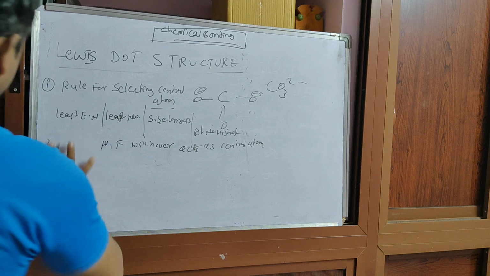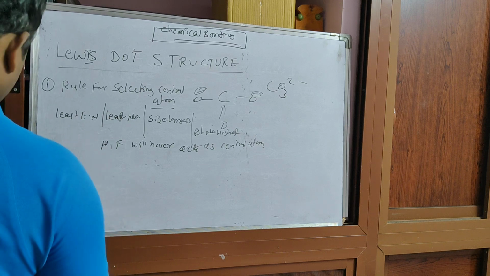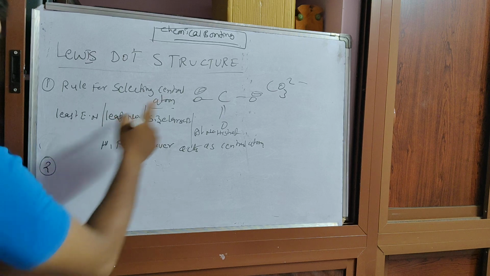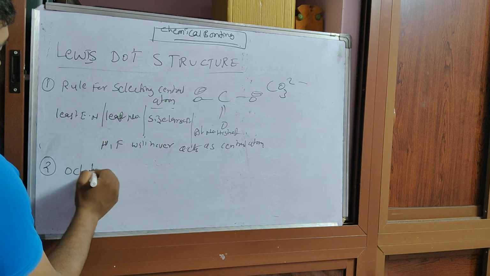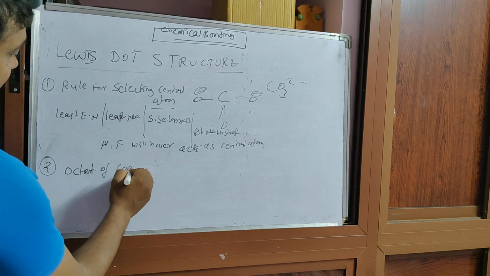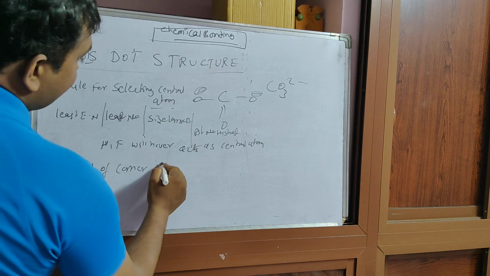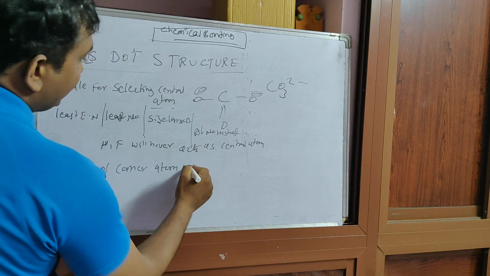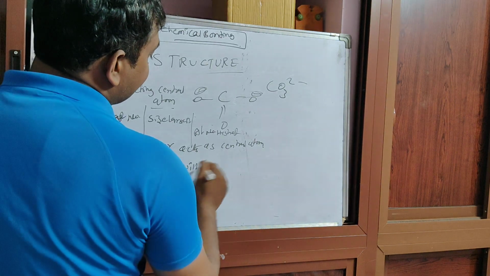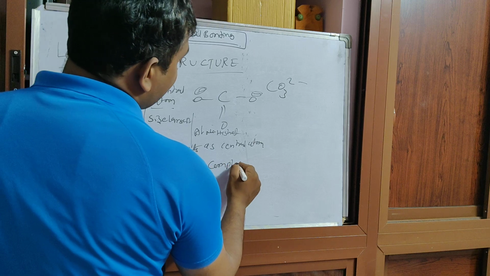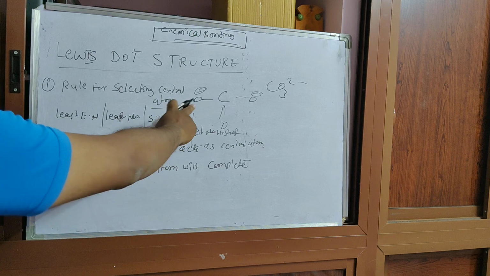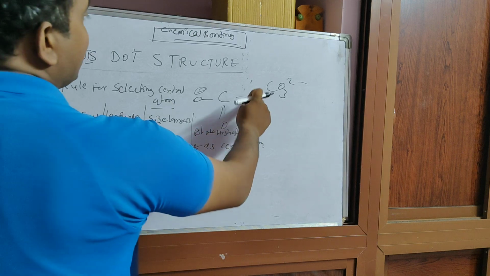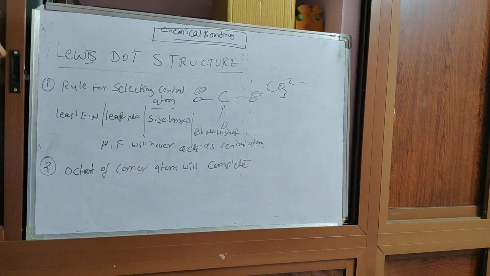Next, if you identify a carbon atom, the octet of the carbon atom will complete. This means in this case, the carbon atom will complete its octet configuration, the octet rule.